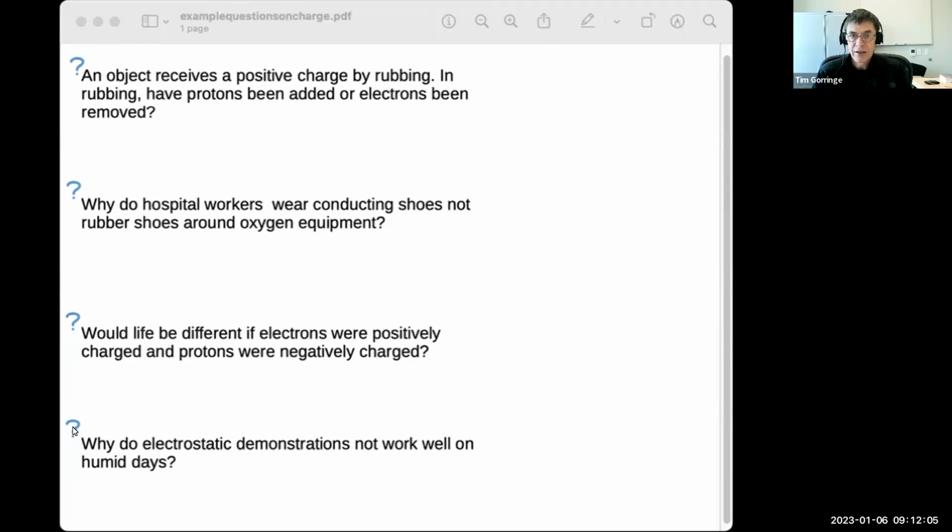And so that charge on the object or objects that we're rubbing can grow. And we can demonstrate electricity, electrostatics. In humid air, the wet air will conduct away that charge as we try and charge an object or objects by rubbing. And so we'll accumulate less charge and be less able to demonstrate the effects of electrical charge and electrical interactions.